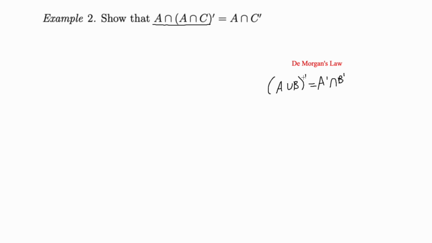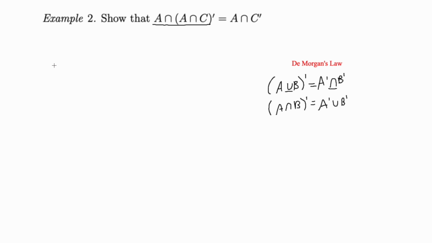We basically have to distribute the complement and change the union to intersection. If you start with intersection complement, we could just do it vice versa: A complement union B complement.